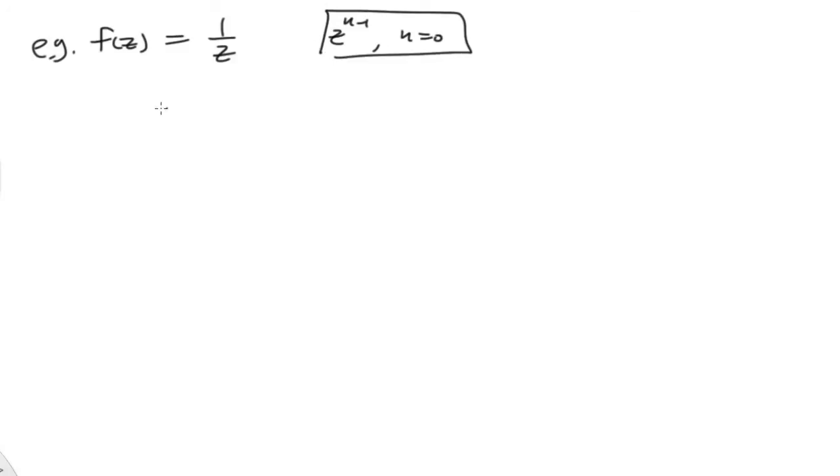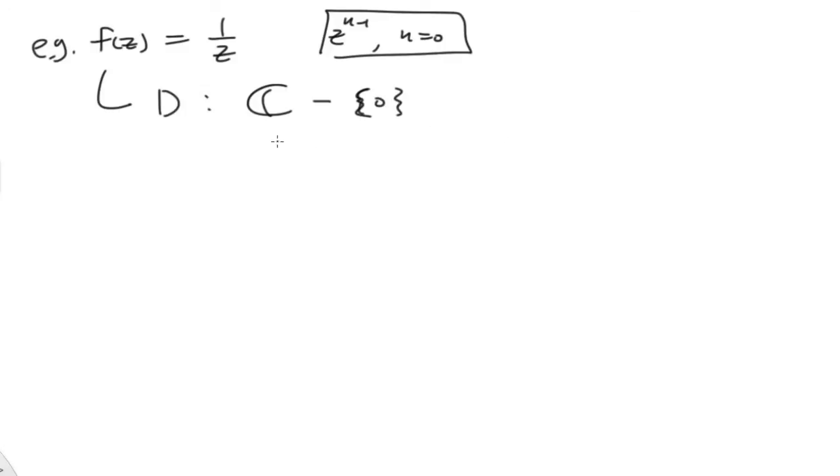All right, now I'm going to talk about the case of f(z). So here's an example. Okay, f(z) is equal to 1 over z. So this is, of course, the case of z to the n minus 1, where n is equal to 0. Okay, so this is that special case, right? So what's the domain here? The domain here is going to be the complex plane, but we're going to have to subtract the 0 point, right?